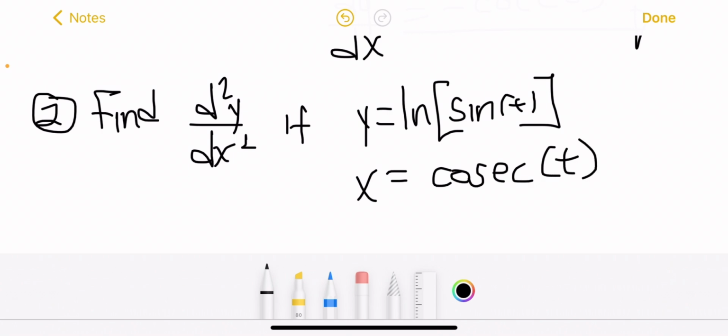Now they are not saying find dy over dx. They are saying find d squared y over dx squared, the second derivative of these parametric equations.